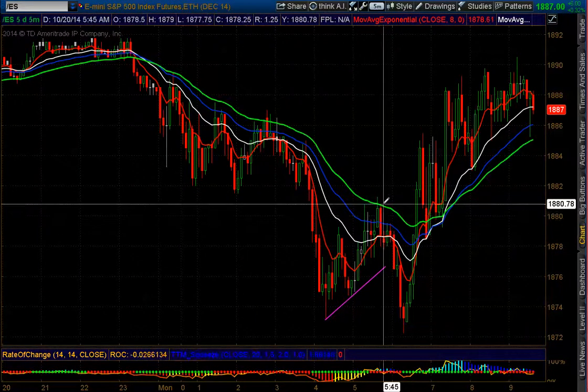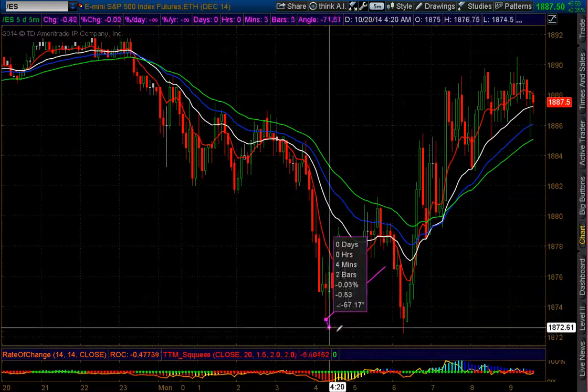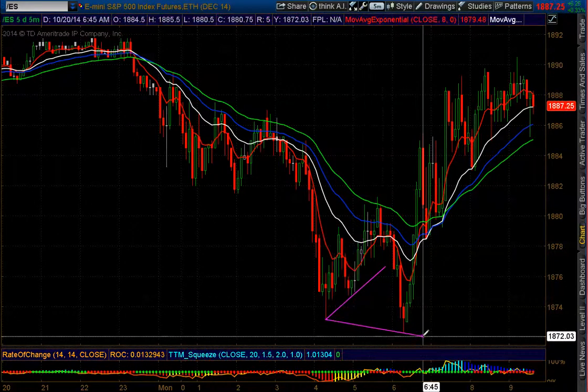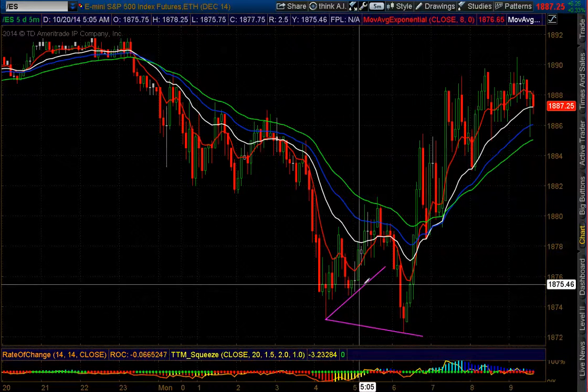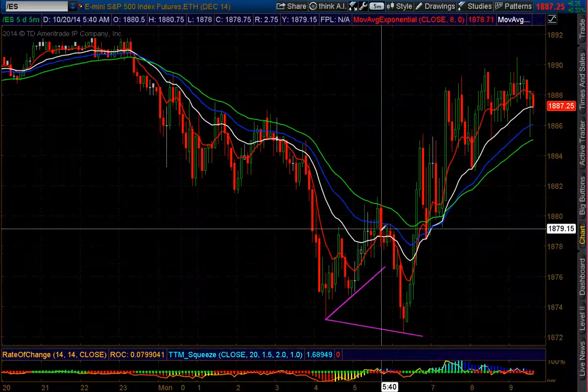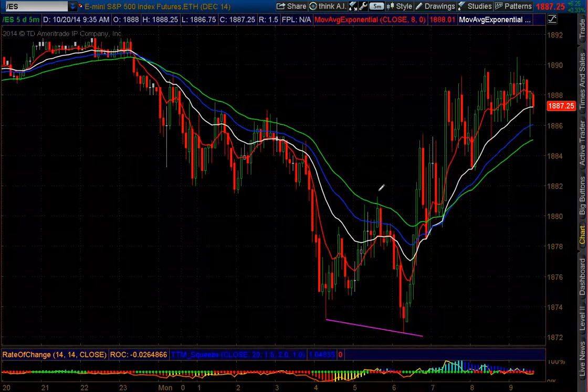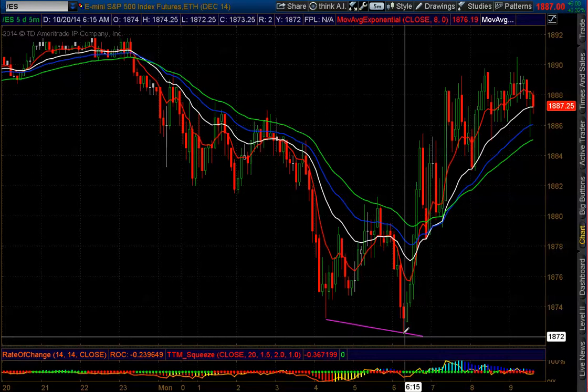So what does it do? It goes down. Now this time it goes down further. So once again, it's reversing down. So that negates this trend line because it didn't work. Price did not get through. So this one is dead. We basically remove that.